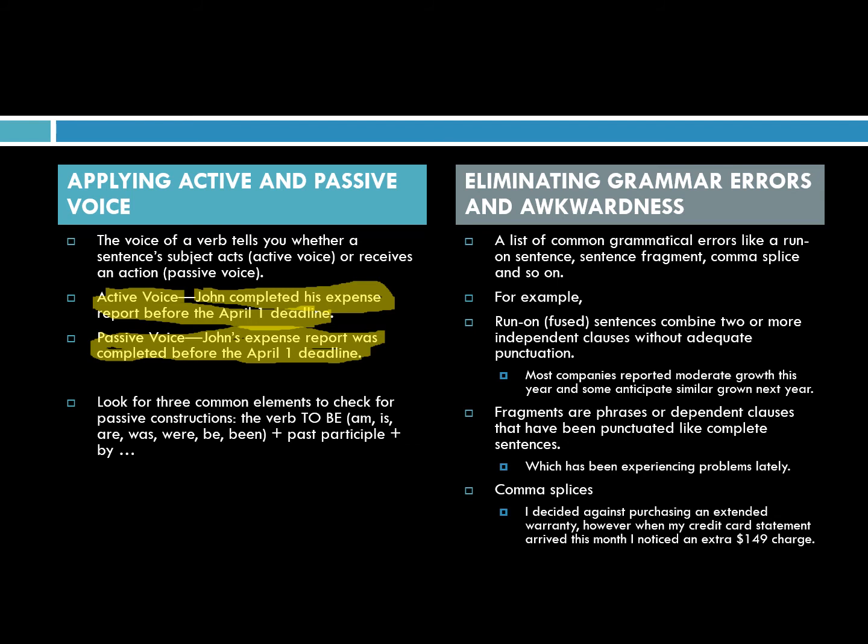And then they suggest that you look for three common elements to check for passive constructions, so that you don't end up writing in the passive voice. You want to always write in the active. And then they say the verb to be, and to be is I am, he is, she is, we are, they are, it was, they were, be, being, plus a past participle, plus the word by, and then a sentence.